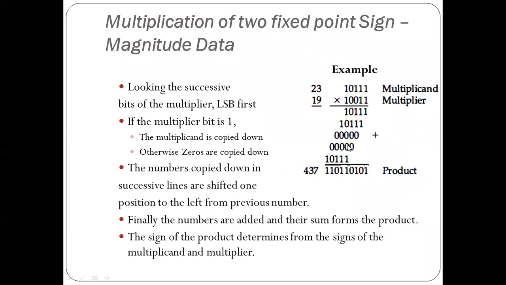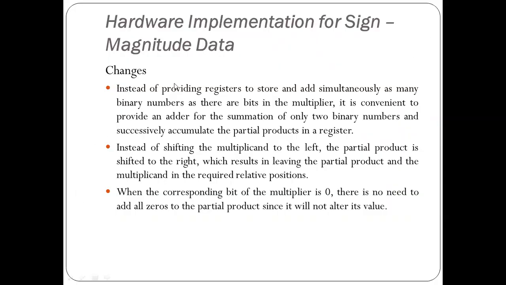Rather than using these 5 registers for storing the partial products and finally adding, it is convenient to provide an adder for the summation of only 2 binary numbers and successively accumulate the partial products in a register. That's what we are doing. We use a register that accumulates the partial product every time, successively adding, and I will implement only an n-bit adder now. So that is the first change.